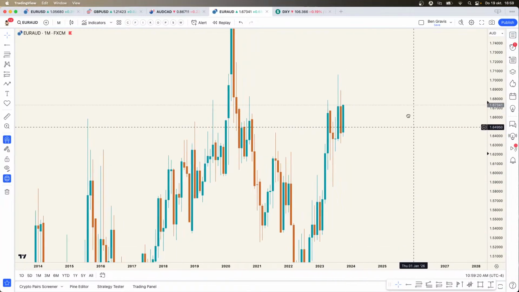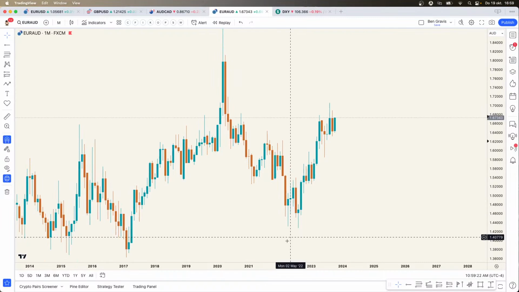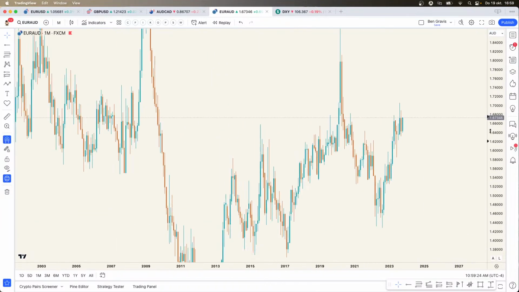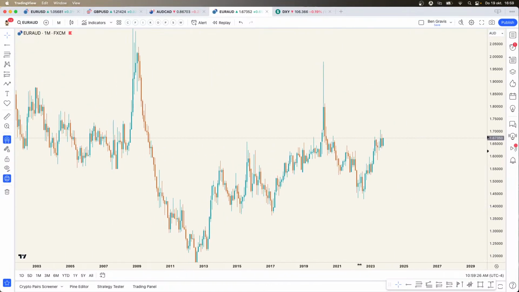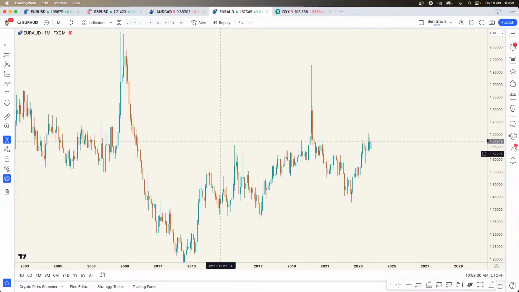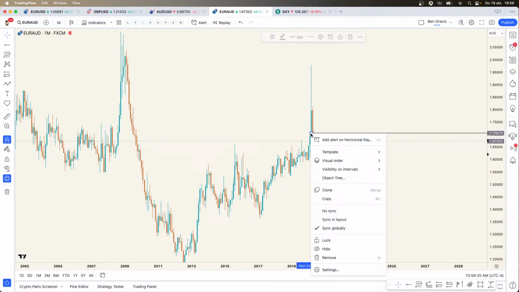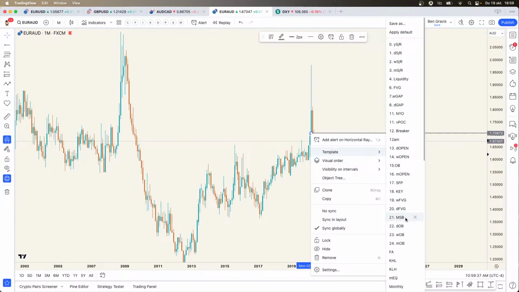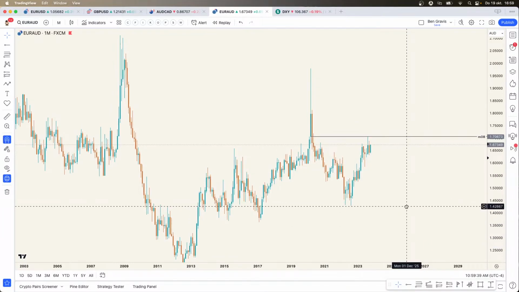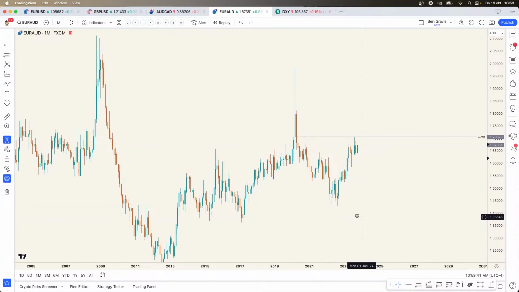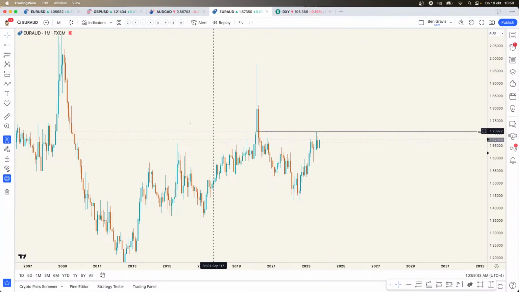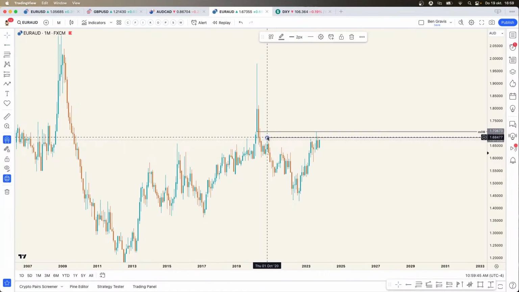Let me just start fresh here as well. What do we see on the higher time frames? Monthly order block, and a grab of liquidity.